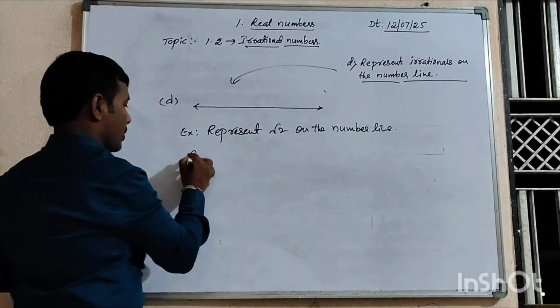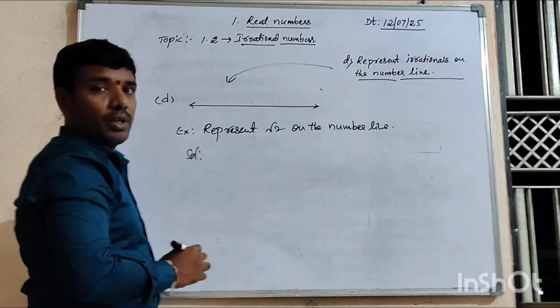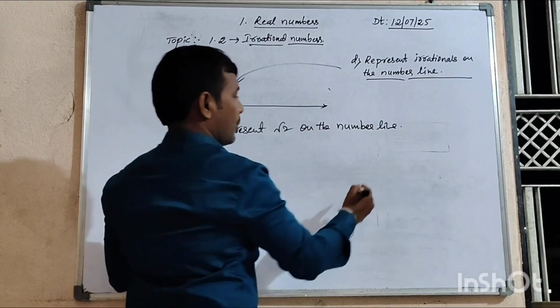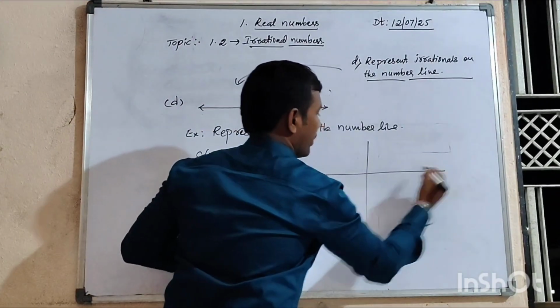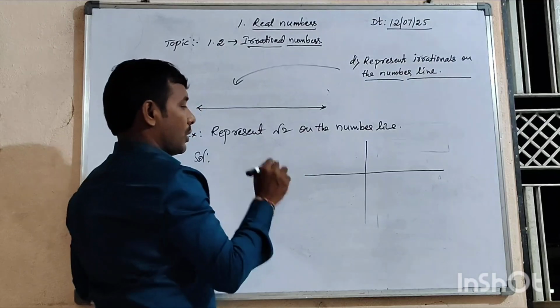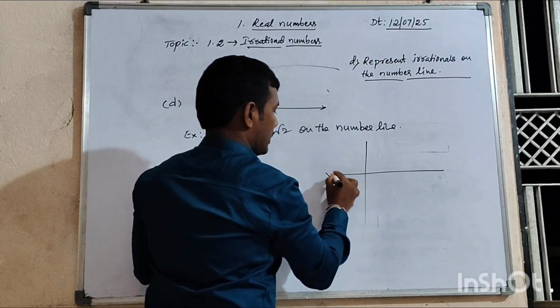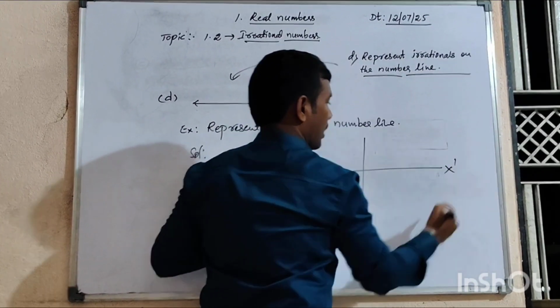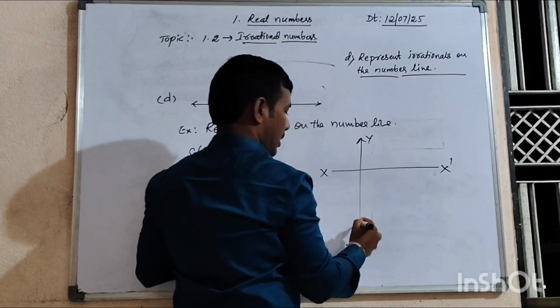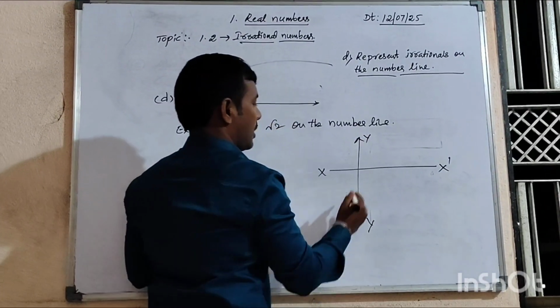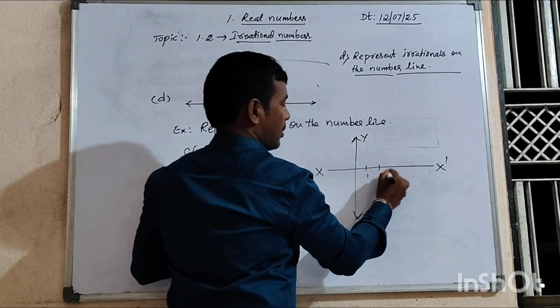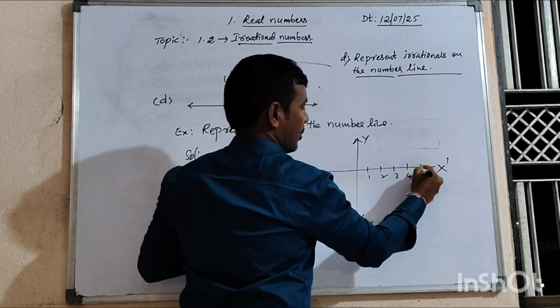Let us see the process. Observe carefully. We can go to coordinate geometry. In that coordinate geometry, this is the x axis and this is the y axis. Generally we take here 1, 2, 3, 4, 5.